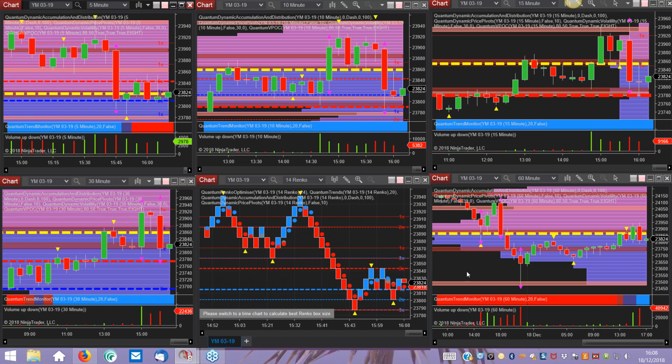For $57, it immediately tells you if the move that you're in, or a move that you're thinking of getting in, is going to come to a pause, if nothing else, and you can make a decision once the indicator is triggered.